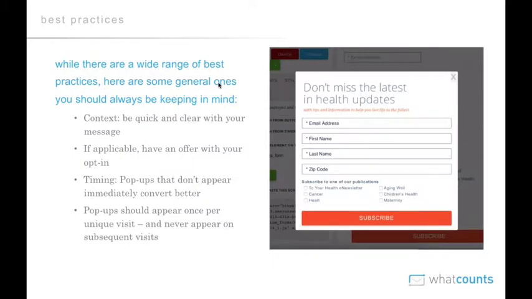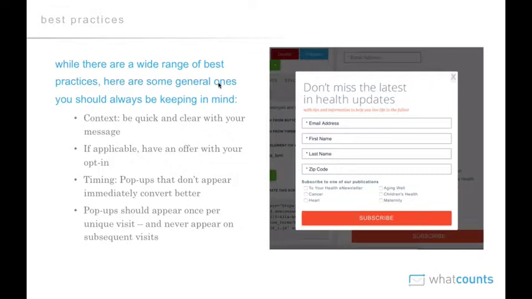So we want to talk a little bit about some best practices that you should keep in mind. These are just some general ideas. Obviously, you have to think in terms of your business needs and the type of business that you're running. But just some general ideas that we want you to keep in mind when you are building your sign-up form. So number one, you want to really think about the context.